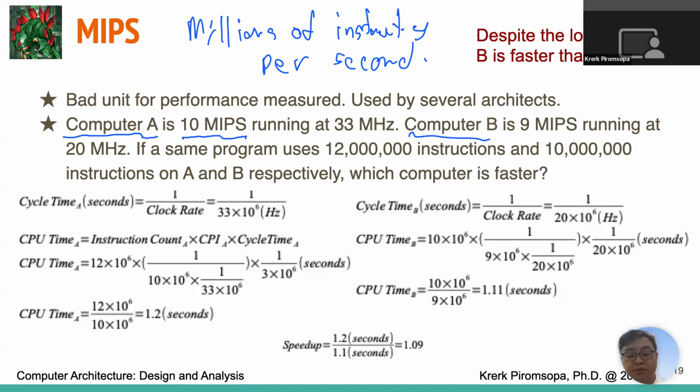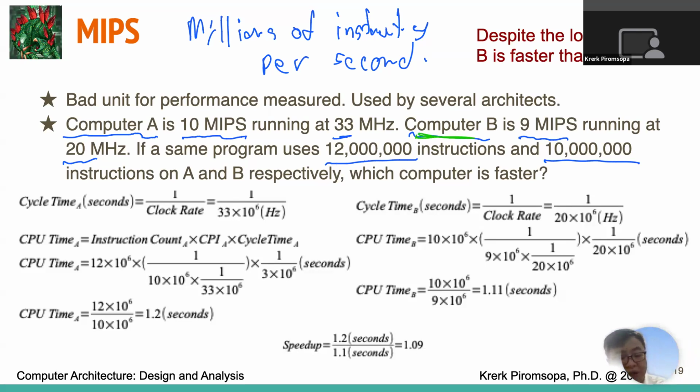And CPU B says we got 9 MIPS. CPU A runs at 33 megahertz, CPU B runs at 20 megahertz. If you compile a piece of program for computer A, it would take 12 million instructions. And for B, it would take 10 million instructions.